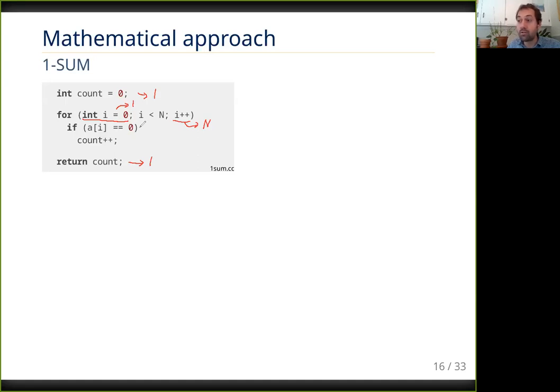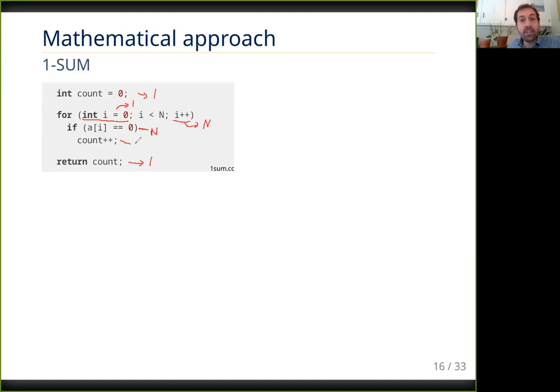Now, let's look at the body of the loop. The if statement will also be executed n times, because it will be executed from i equals 0 to i equals n-1. The count++ depends on the input data.